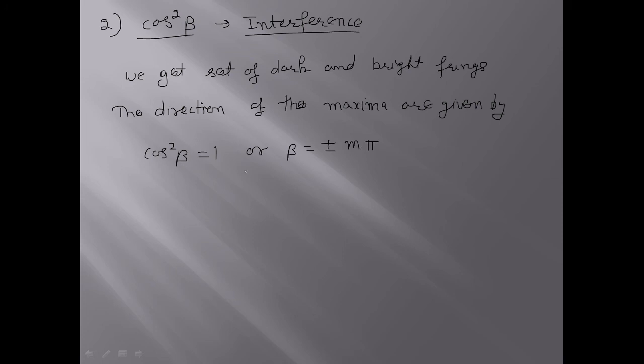and this beta is equal to pi by lambda b plus d sine theta. And this is possible for the values of m equal to 0, 1, 2, 3 and so on, and we get the secondary maxima with equal width.